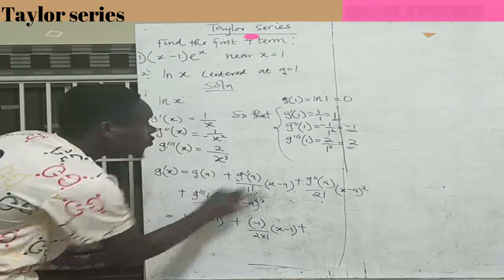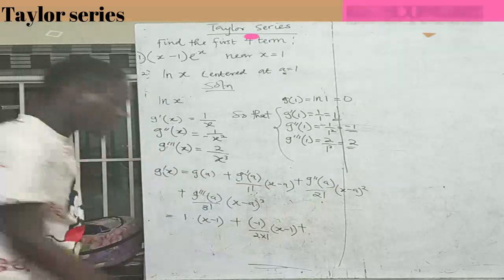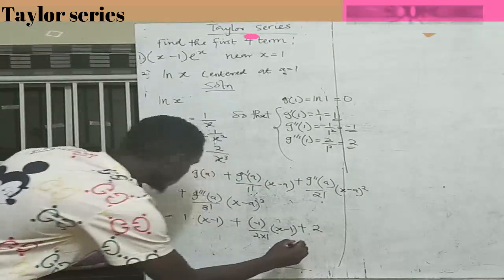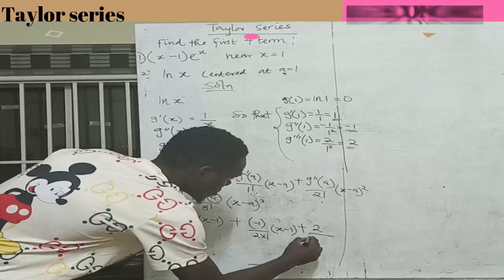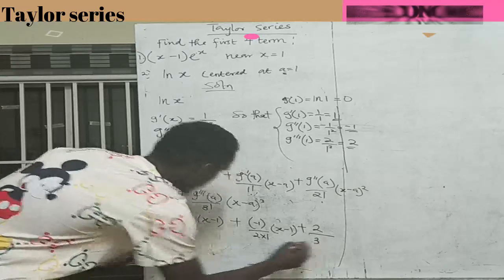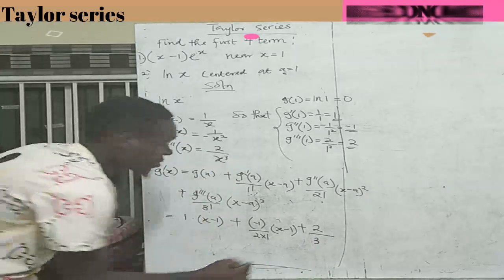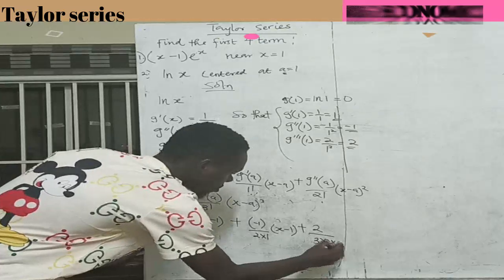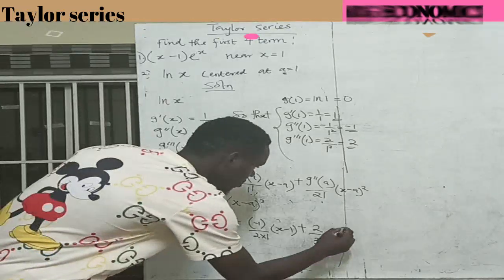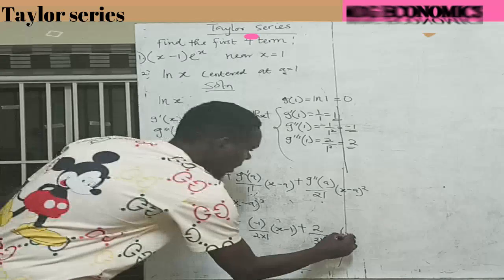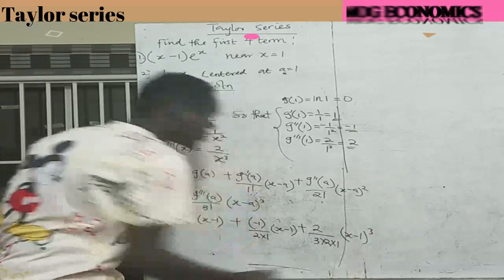Now the third one: that's 2 over 3 factorial, which can be expressed as 3 times 2 times 1, then x minus 1 raised to the power of 3.